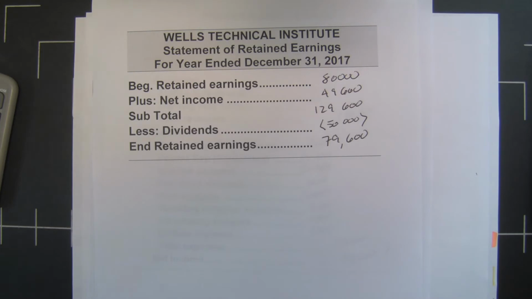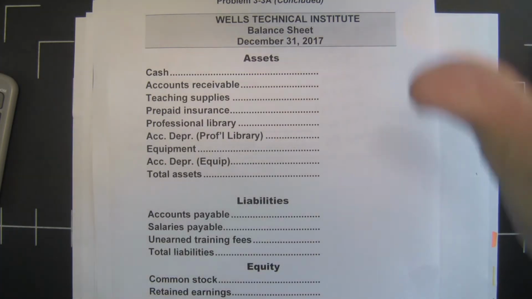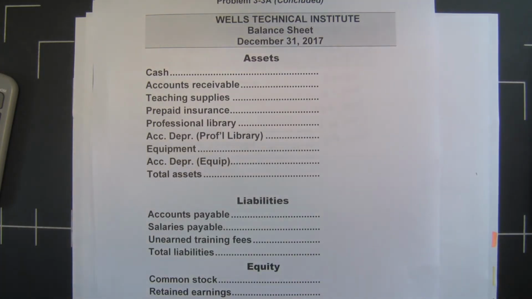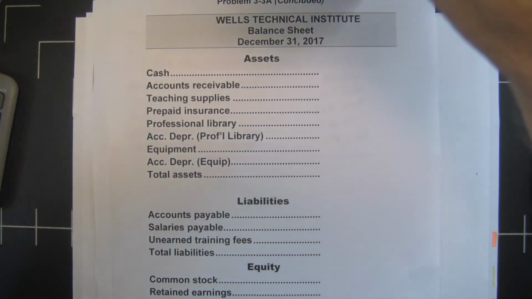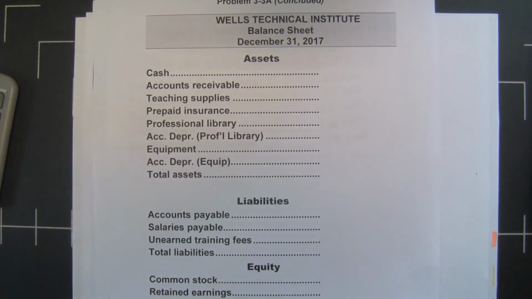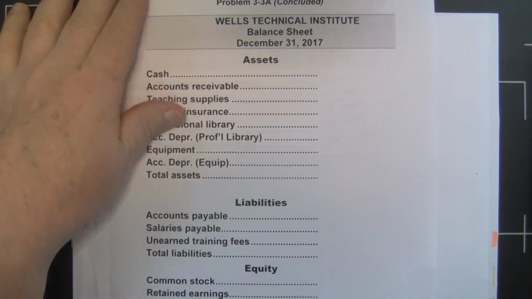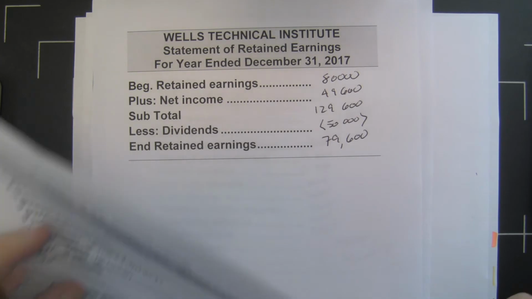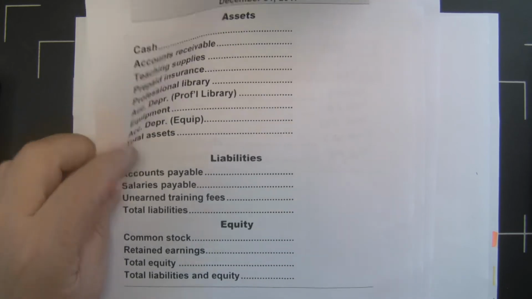And again, what we're simply going to do is take the numbers that we've already worked on and go through and grab each number as we need it. You don't necessarily have to do this in order.